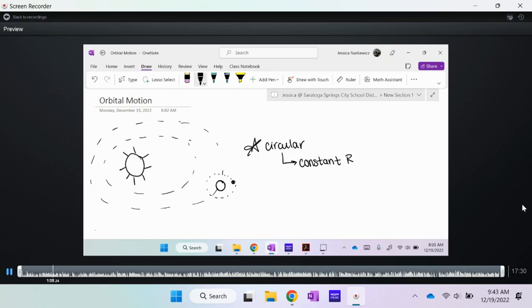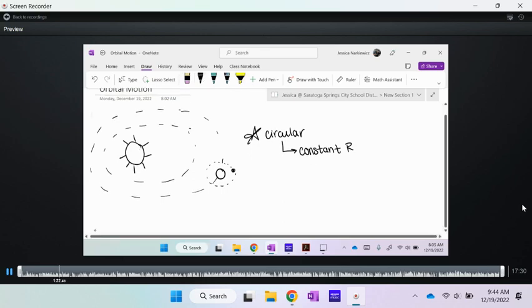So we are taking some liberties with what's actually happening. But as we've said before, we have to start with the simplest model before we can add to that. So the simplest model for orbital motion is if all of the planets are actually orbiting in a circle.